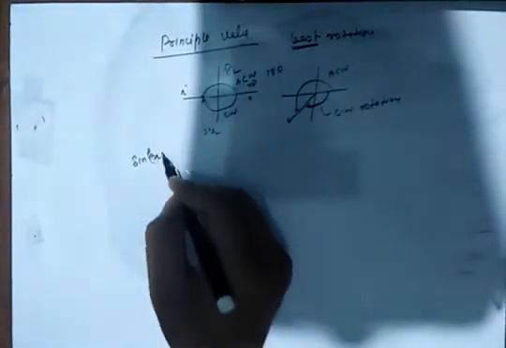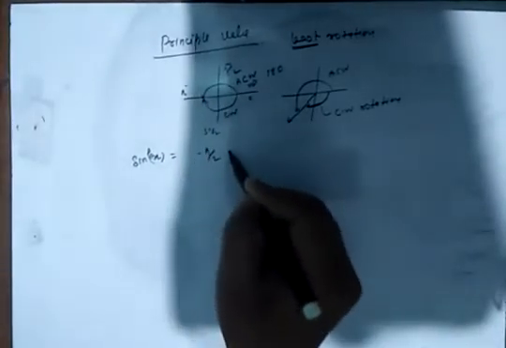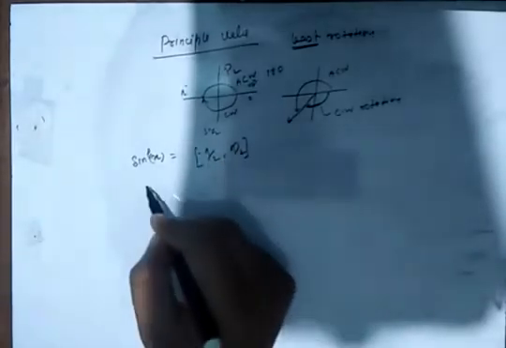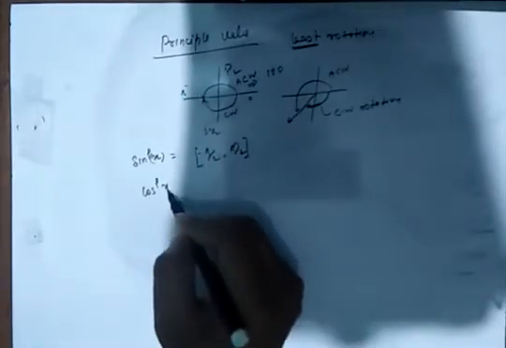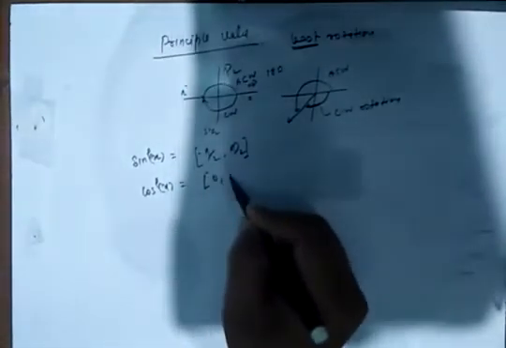So for sine inverse x, the principal value is minus pi by 2 to pi by 2. Cos inverse x is 0 to pi.